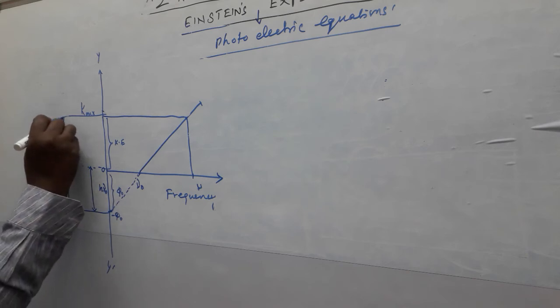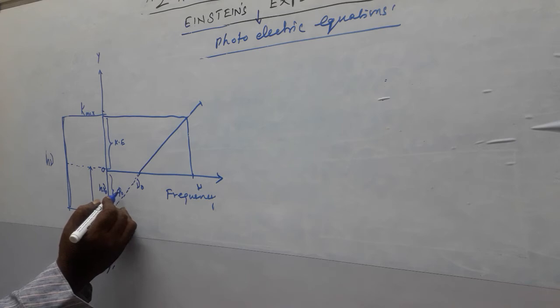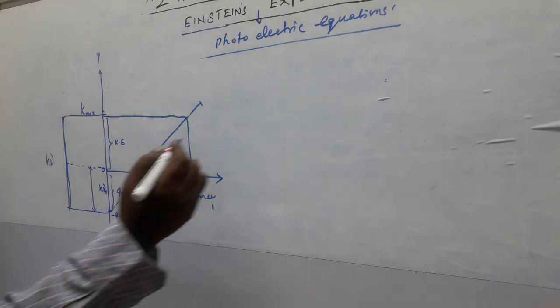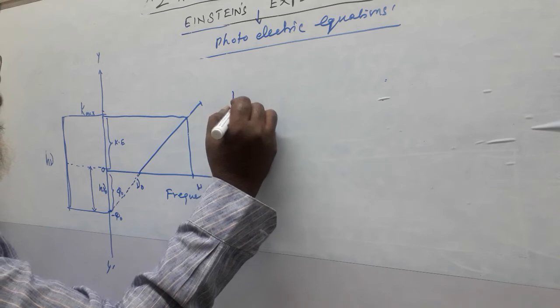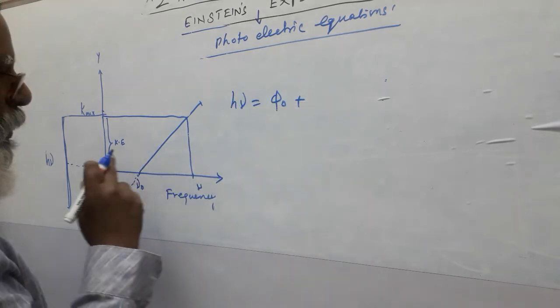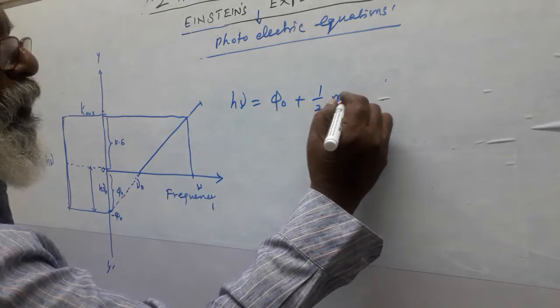So the total energy h nu is equivalent to phi naught plus kinetic energy. So as per the equation we already wrote, h nu is equal to phi naught plus the kinetic energy of the electron, half m v square.